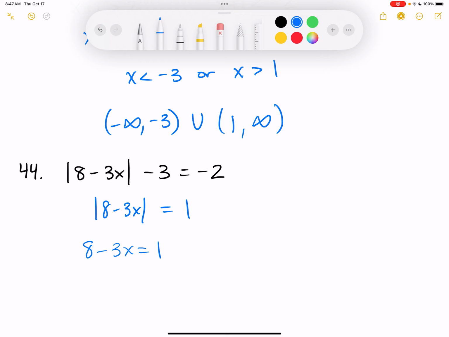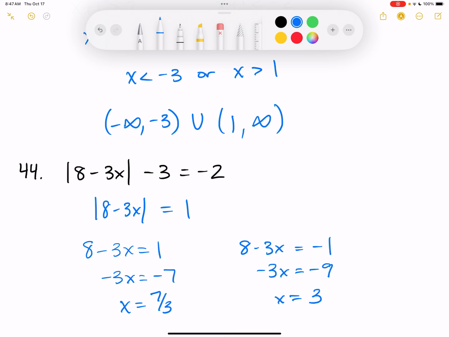And then over here, we make this negative: 8 minus 3x equals negative 1. So subtract 8. So negative 3x equals negative 7. Then x equals 7 over 3. Negatives cancel. Over here, negative 3x equals negative 9. So x equals 3. So these two would be my answer for this one.